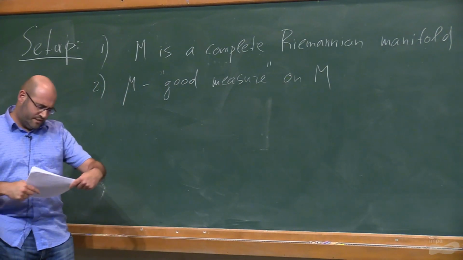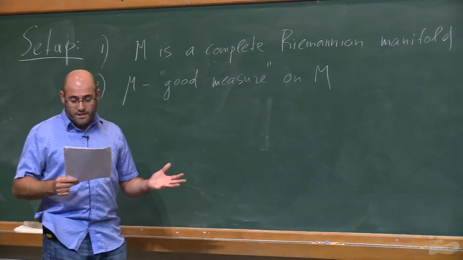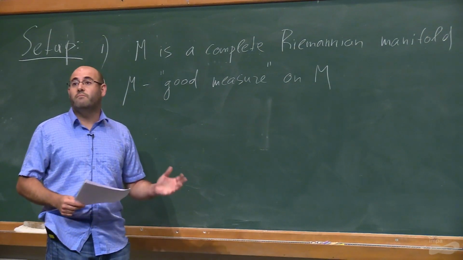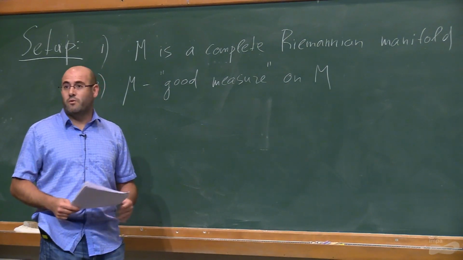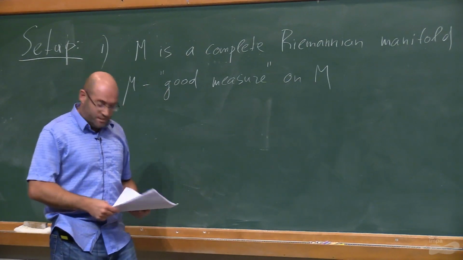Basically, it's a non-atomic measure which is positive on all non-empty open sets. So I'm not sure this is a good name for it, but I just stick with this name.